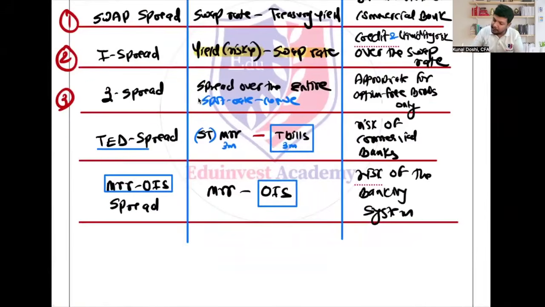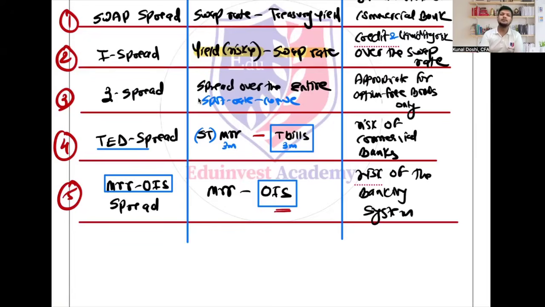In the TED spread and in the MRR-OIS spread, you will notice in both we use the MRR, market reference rate, and that is compared to the T-bills. T-bills are 30, 60, 90 days T-bills, correct? And in the MRR-OIS spread, you will notice it is overnight index swaps. Basically, these are the overnight rates.